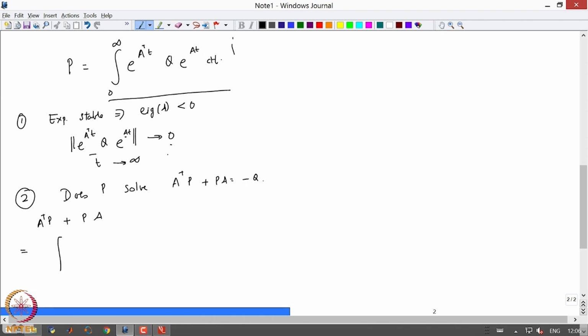I will substitute for P: the integral from 0 to infinity of A transpose times P, where P is e power A transpose t Q e power A t, plus P, where P is again e power A transpose t Q e power A t, times A dt.